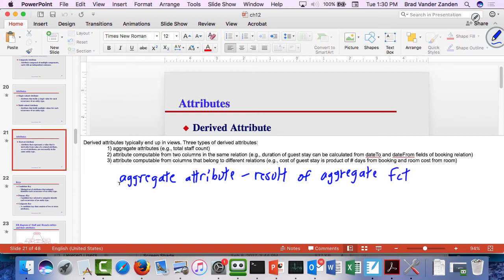It could be the average salary, the average number of properties. So result of an aggregate function. The next might be an attribute computable from 2 columns in the same relation.